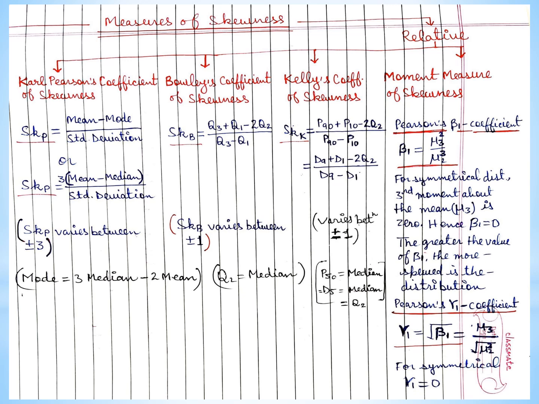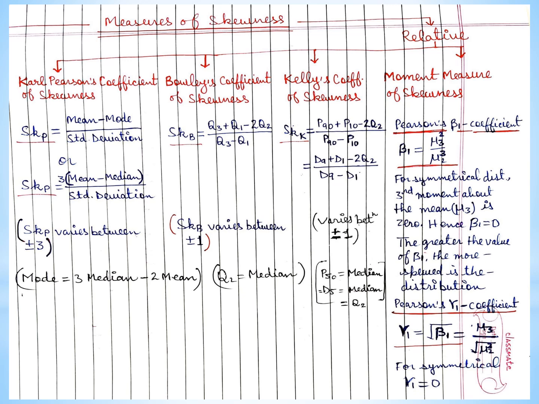We all know that percentiles divide the complete data set into 100 equal parts, and there are 99 percentiles which are represented by P1, P2, P3 and so on.